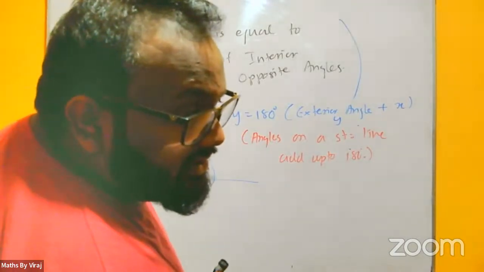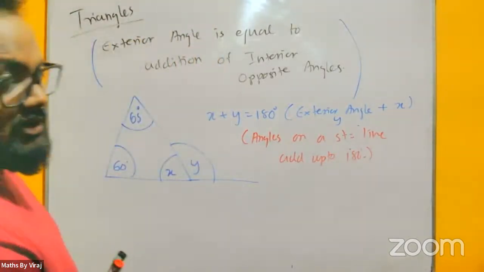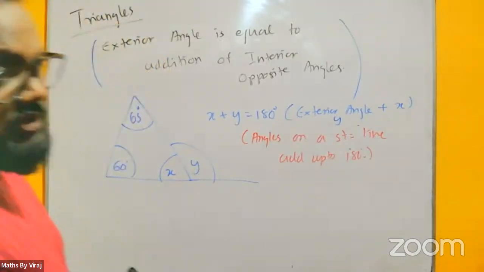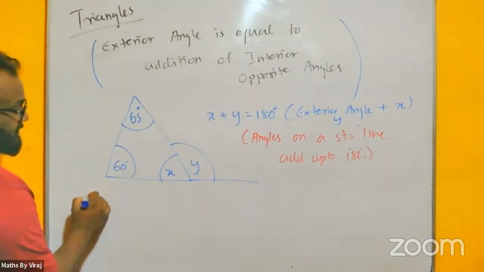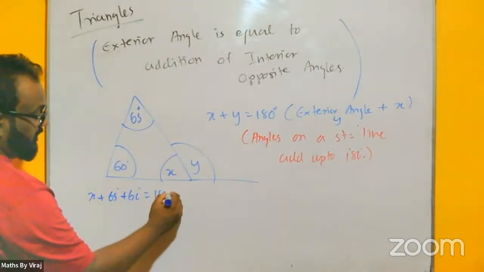Hi children, tell me, what is the value of x? You can unmute yourselves and talk. No issue. What is the value of x, children? We know that x plus 65 plus 60 is equal to 180.